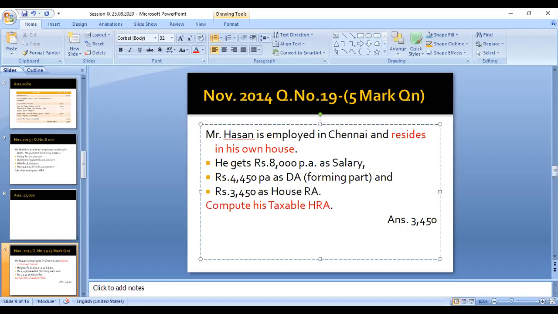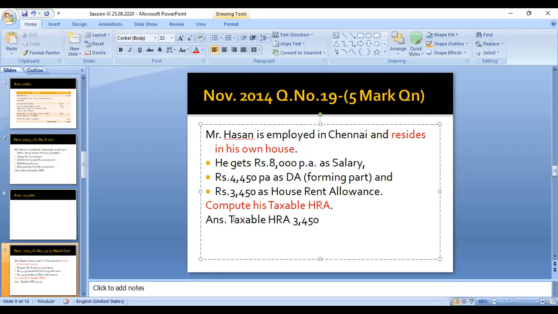So whatever amount is received as this allowance, this 3,450, all of it is taxable HRA. There is no need of calculation of anything.